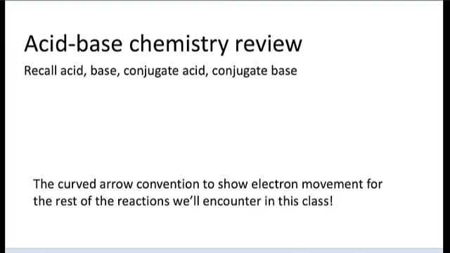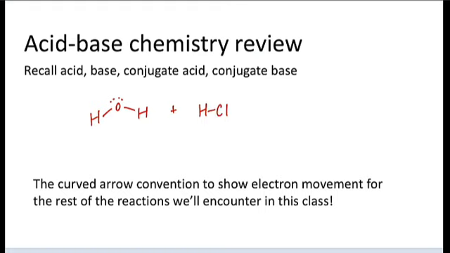Okay, so we're going to review acid-base chemistry in terms of something you've probably seen before. So let's say we have a water molecule and it's reacting with an acid.